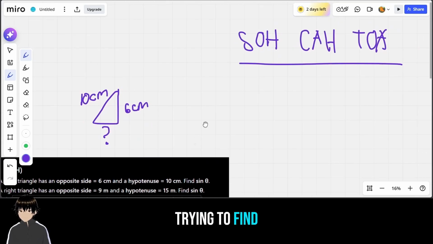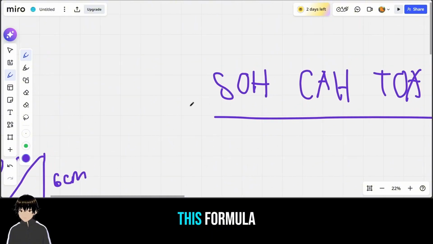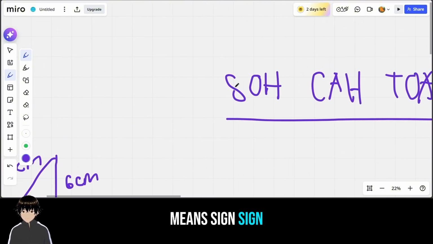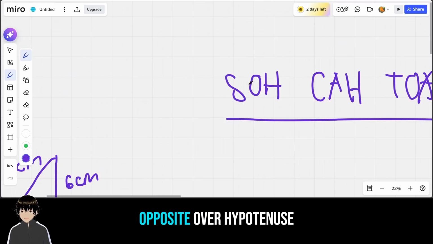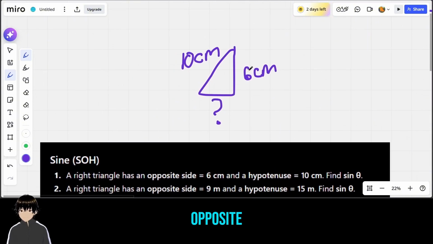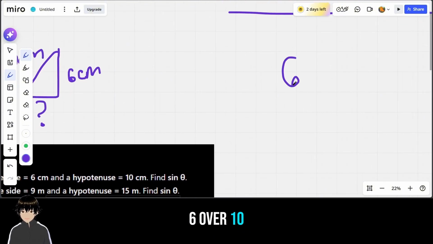Since we're trying to find sine theta, you have to use this formula, which basically just means sine is equal to opposite over hypotenuse. So I have to divide 6, which is the opposite, by the 10 centimeters, the hypotenuse. So it will be 6 over 10. What is 6 over 10?